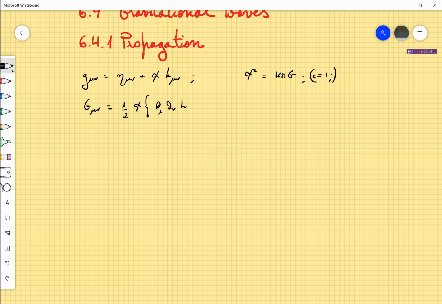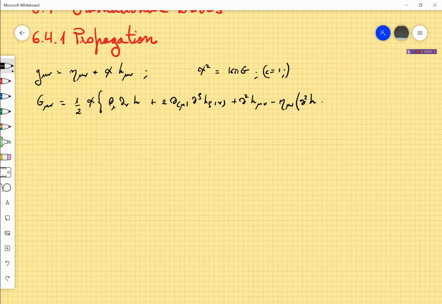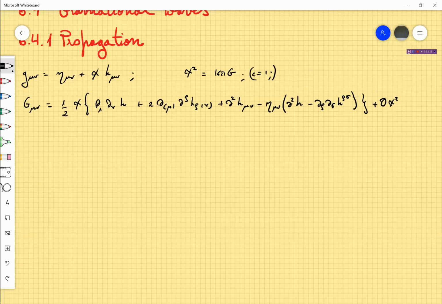So the derivatives of h, which I will define later, but it is the trace of h mu nu, plus 2 times the symmetrized derivative of the divergence of h, plus d squared h mu nu, minus eta mu nu d squared h, minus d rho d sigma h rho sigma, plus terms of second order in chi, which is the same as second order in h.